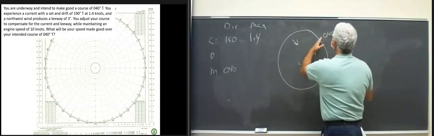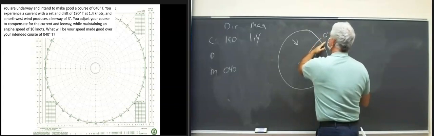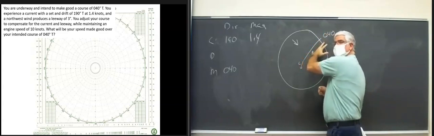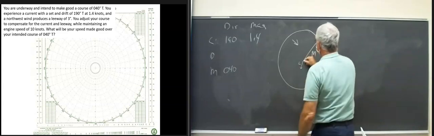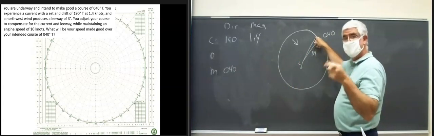It's pushing me. If I was making 040 and now I've got 3 degrees of leeway, what's that going to do? It's going to make me go to 043, isn't it? So what am I going to do to compensate for that? What that becomes is now you want to go 037.